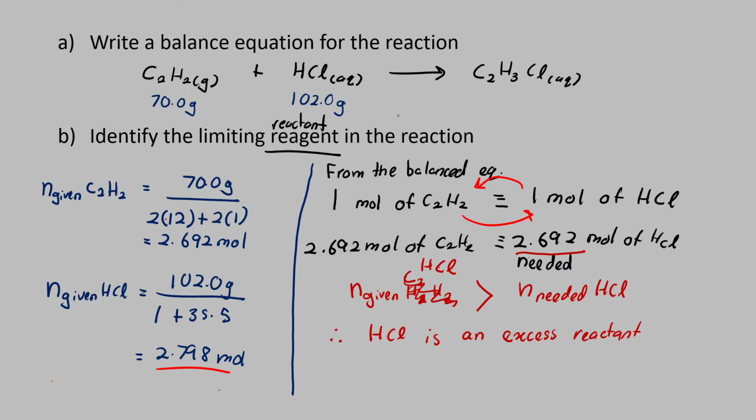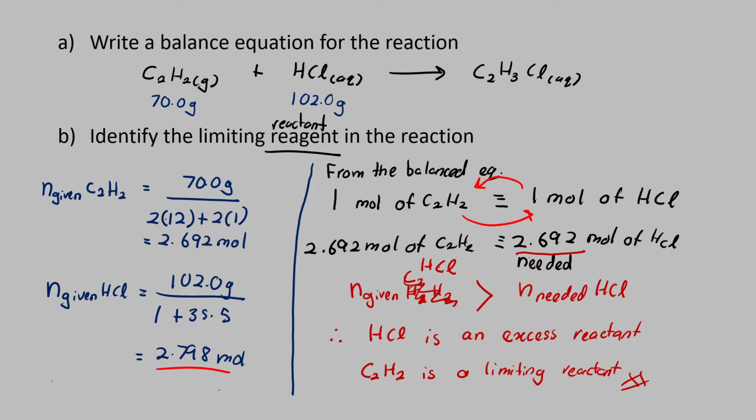So if HCl is excess, automatically C2H2 is the limiting reactant. So there you go, you find the limiting reactant.